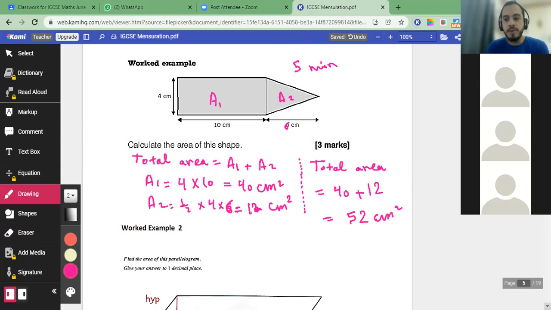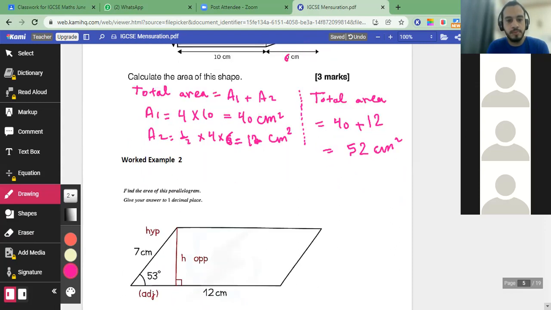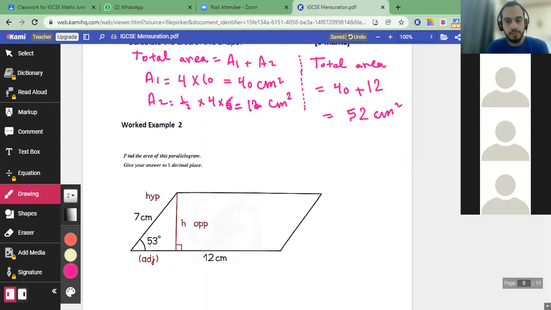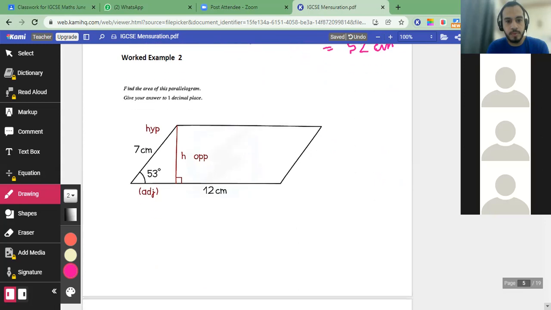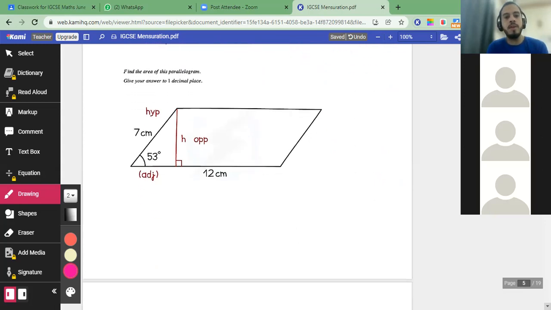Okay, let's solve example 2 together. Look here in example 2.